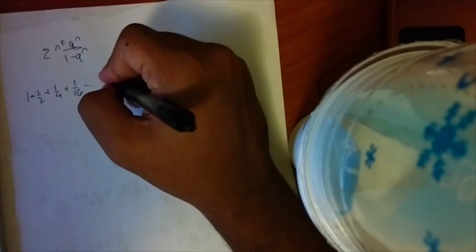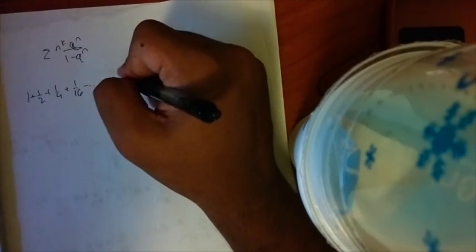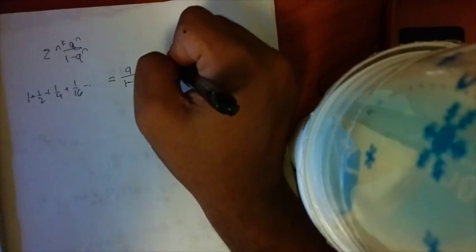We need to recall the geometric series. So recall that if I have a series like 1 plus 1/2 plus 1/4 plus 1/8 dot dot dot, and I want to sum that all up, I can represent all this as a times 1 over 1 minus r, where r is somewhere between 0 and 1.